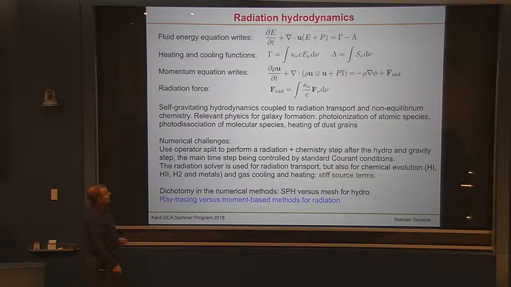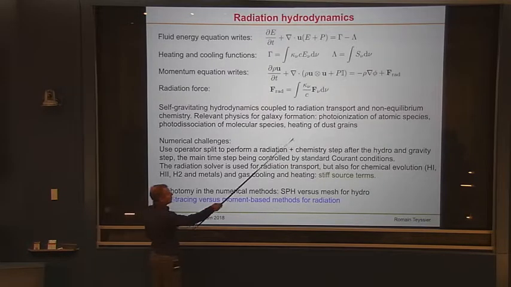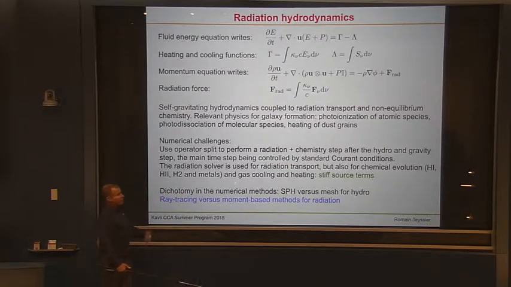But at small scales, you can also look at the photodissociation of molecules. If you want to form H2 molecules, you have to deal with this photodissociating radiation and propagate it. And then on even smaller scales, the coupling of the radiation with dust grains in the infrared domain is interesting. Right? So now, how do you deal with that?